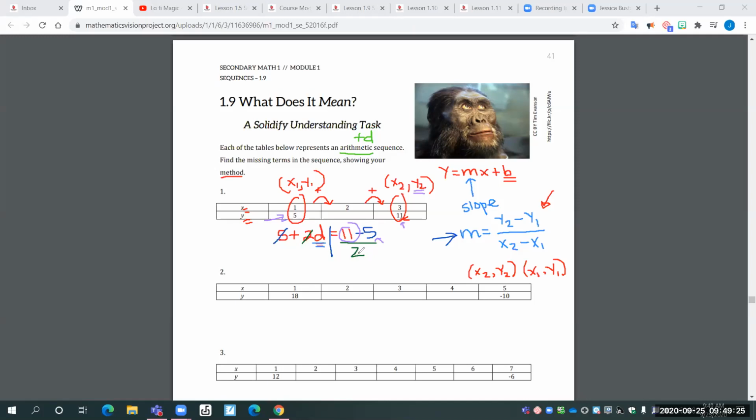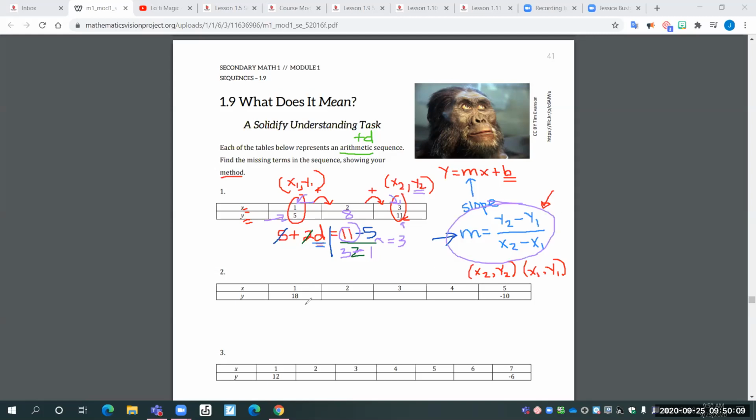Now the 2 came from the fact that we are taking 3 minus 1, or in other words, x sub 2 on this side minus x sub 1 on the other side. That gives us 6 over 2, which is 3. We can check it: 5 plus 3 is 8, and 8 plus 3 is 11. It checks out. So the common difference is the same thing as this slope.